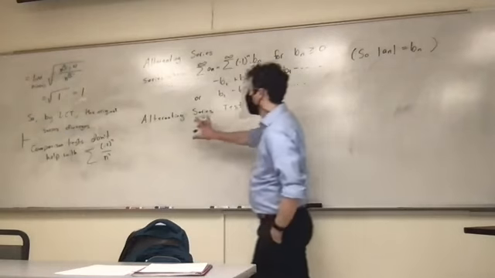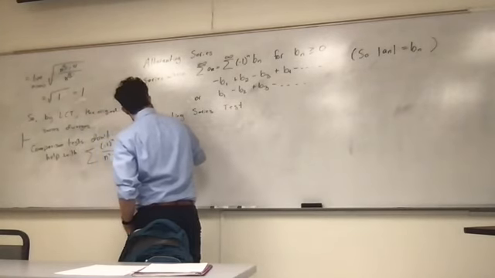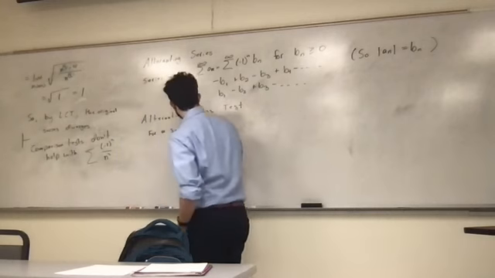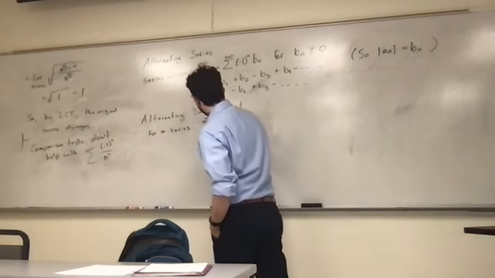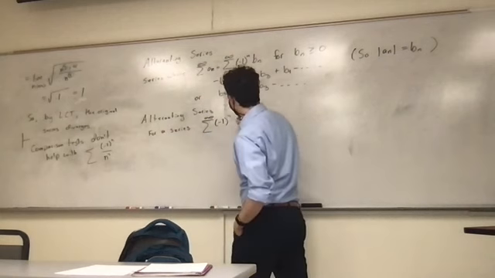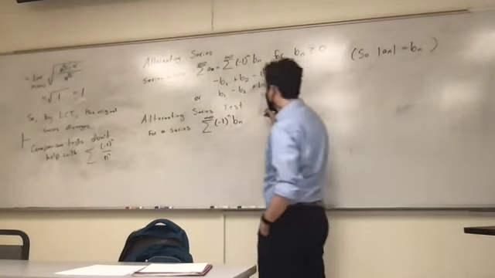What this looks like is, if you have an alternating series, we have the alternating part, minus 1 to the n, and then the positive part, b_n.